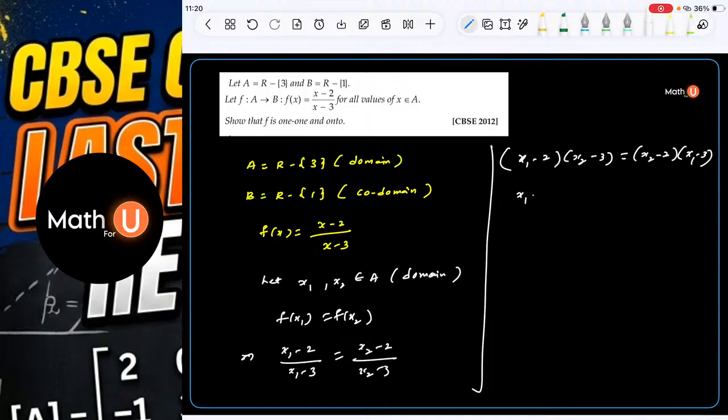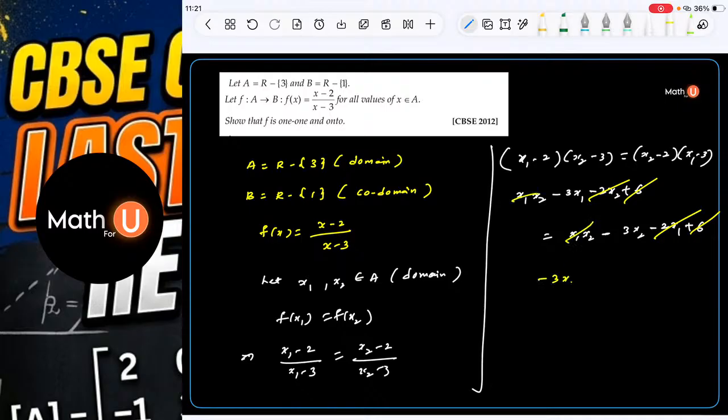Then multiply, we get x1x2 minus 3x1 minus 2x2 plus 6 equal to x1x2 minus 3x2 minus 2x1 plus 6. Here 6 gets cancelled, then minus 2x2 and minus 2x1 get cancelled.